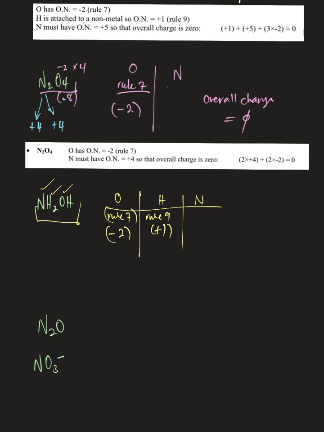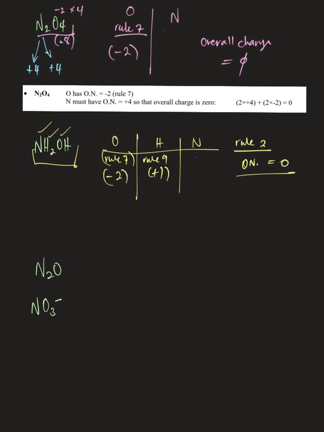Because I have a compound, I know that according to rule 2, the oxidation number overall is equal to 0. And then the nitrogen, we don't know. So looking at this situation, my O has a charge of -2, and my hydrogens have a charge of +1 each. And there's 2 here. So let's write it out: NH2OH.